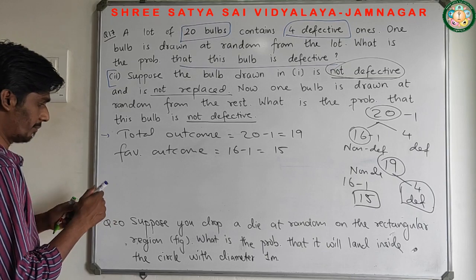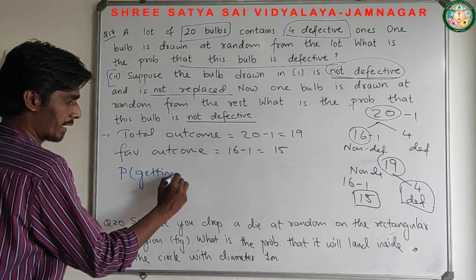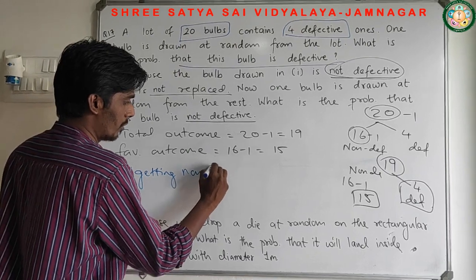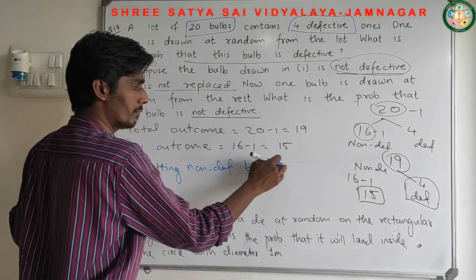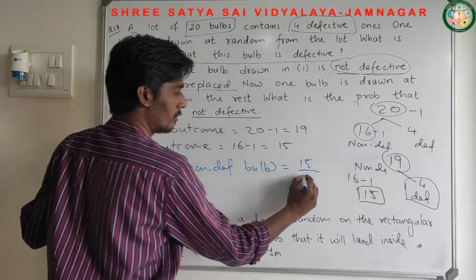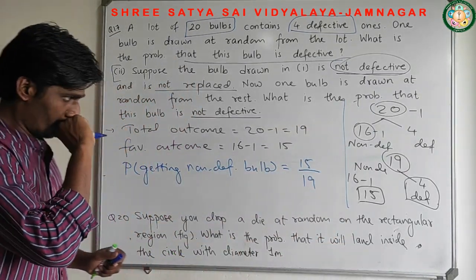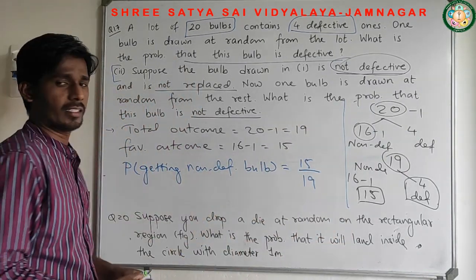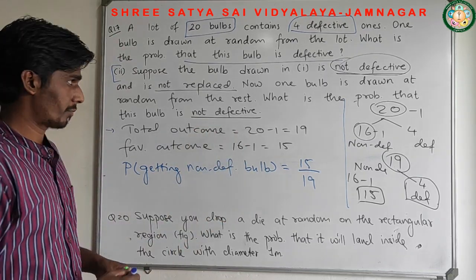So we can write probability of getting non-defective bulb equals 15, that is the favorable outcome, upon 19. So actually this is the important part. So 15 upon 19 is the required probability of getting a non-defective one.